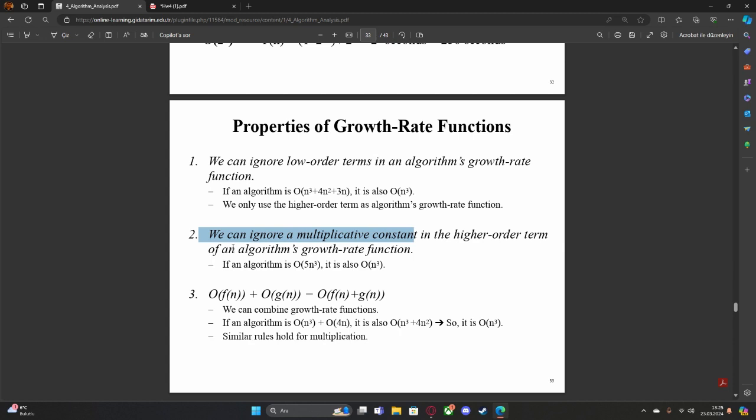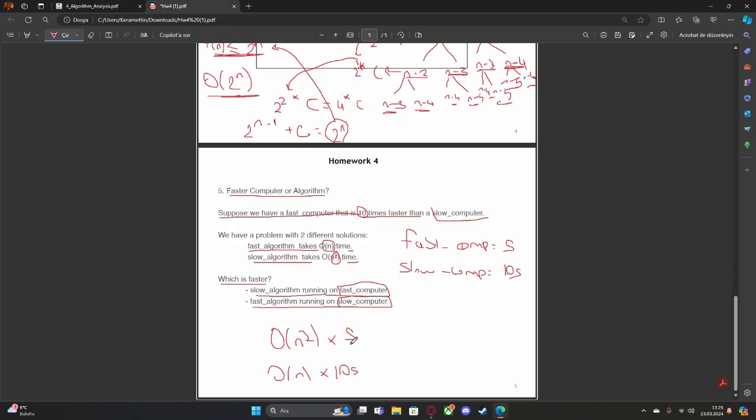As you see, we can ignore a multiplicative constant in algorithms, so we don't need these constant variables here, and it means that it doesn't matter which computer we are using, fast computer or slow computer.